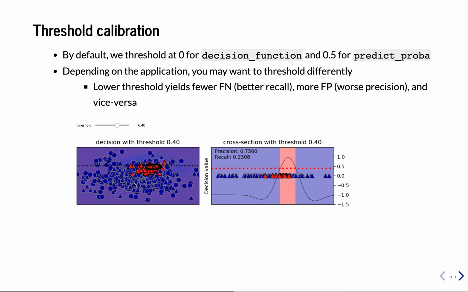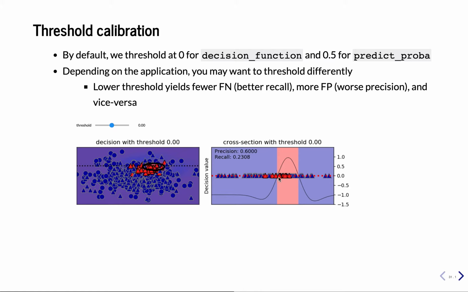We use a support vector machine with an RBF kernel, which gives us a decision function with an oval shape. If you cut through this plane and look at the decision function, it's a Gaussian kernel, so it will typically look a bit like this. By default, we put the threshold at 0.